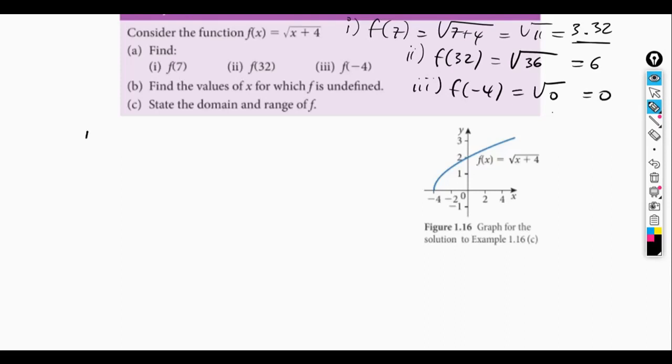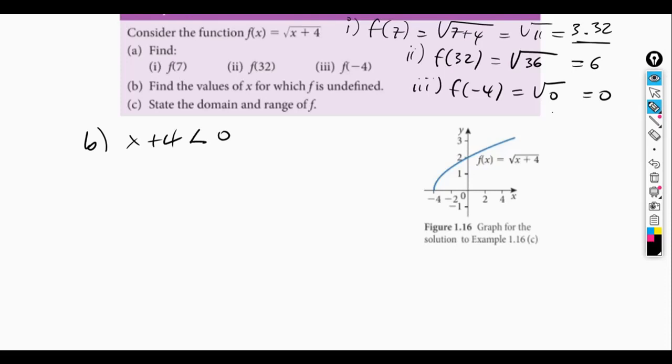Okay, so for part B, they say find the values of x for which f is undefined. So because f of x is a square root, we know that square roots are undefined for negative numbers, at least when we talk about real numbers, right? So that means that f of x is going to be undefined when x plus 4 is less than 0.